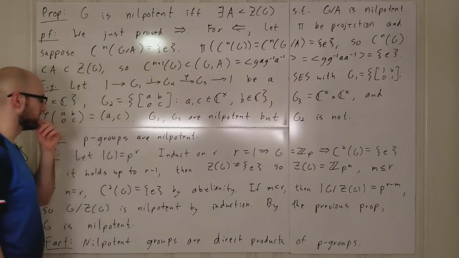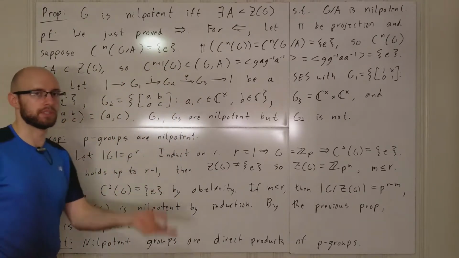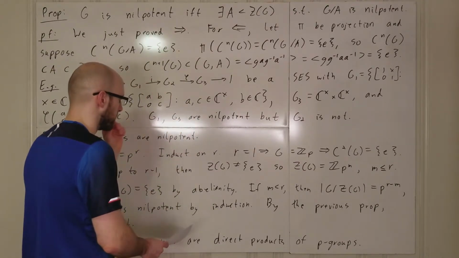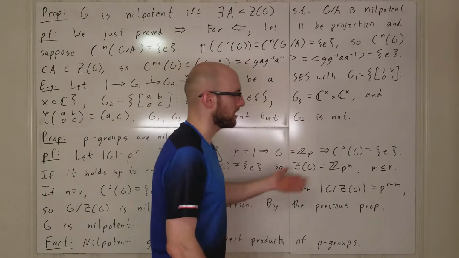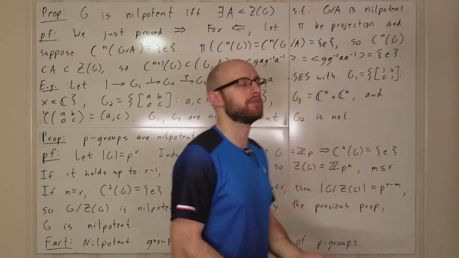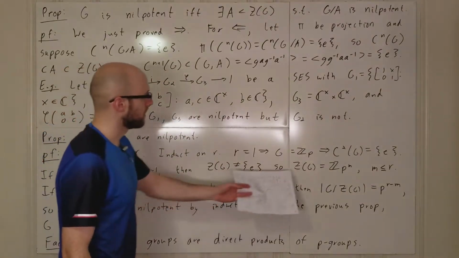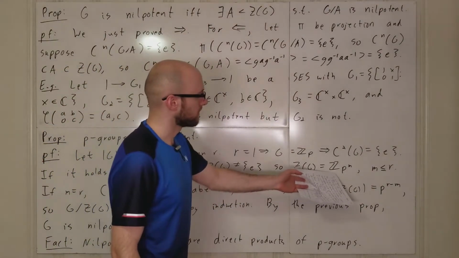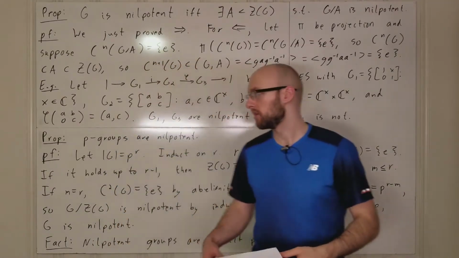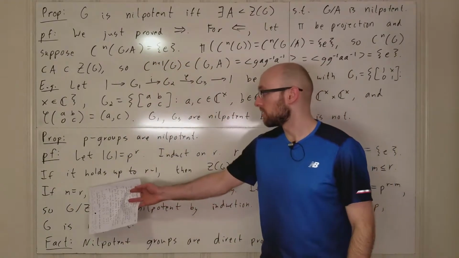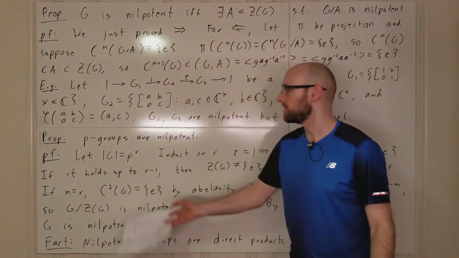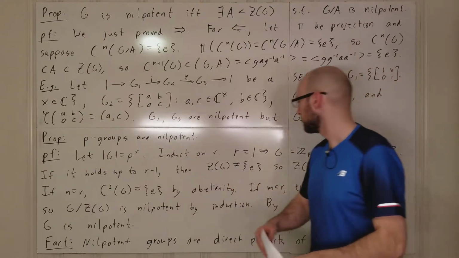We know that the center of any p-group is non-trivial. And so the center of G is a subgroup, so its order must divide the order of the p-group. So it must be isomorphic to Z mod p^m Z for some m less than or equal to r. And if m equals r, then the center is the whole group, and so C2 is just the commutator of an abelian group, which is just trivial.